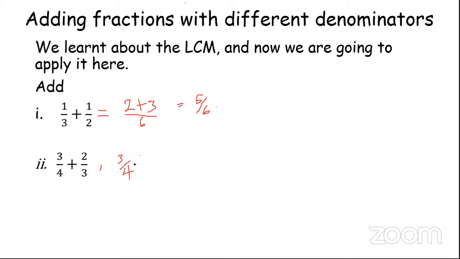3/4 times 12. So by 4 is 1 and by 4 is 3. So this will be 3 times 3. What is 3 times 3? 9.